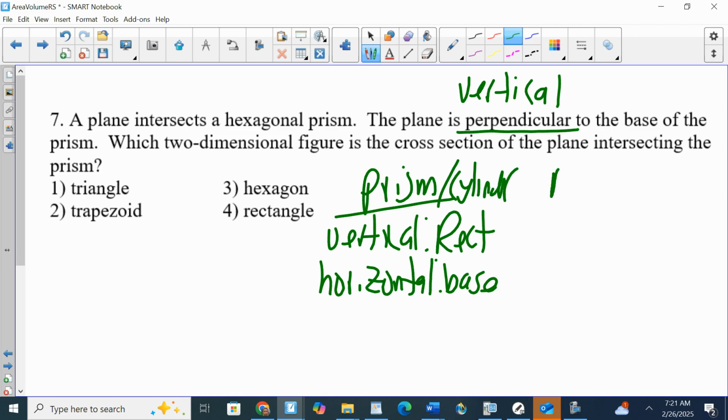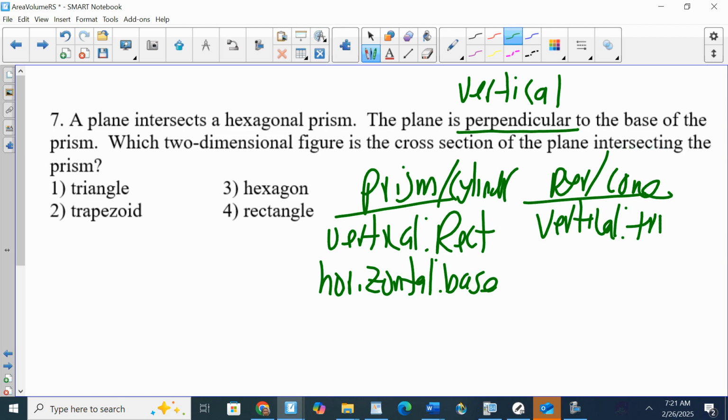And then if you have a pyramid or a cone, vertical is going to be a triangle, and then horizontal is going to be the base.